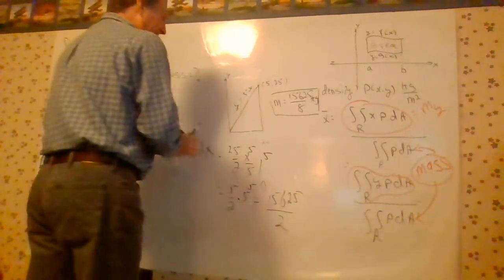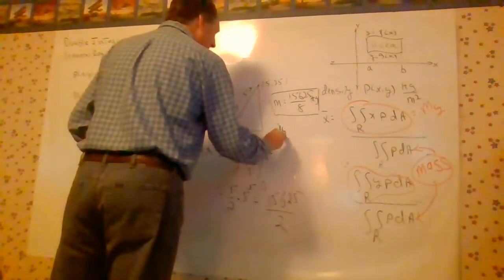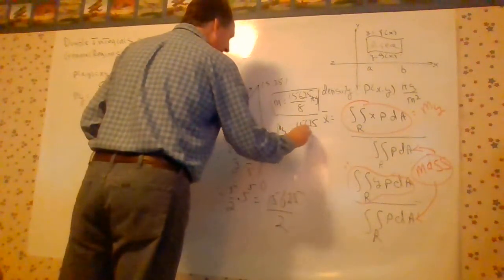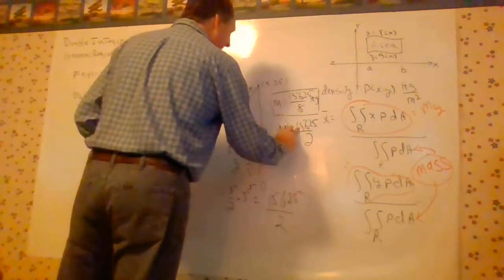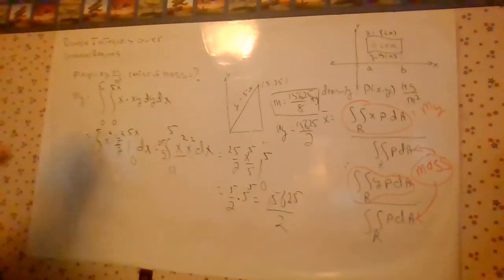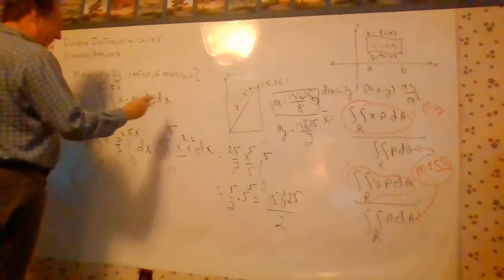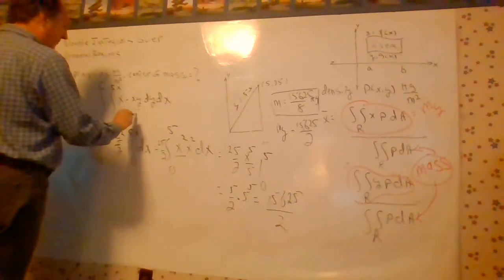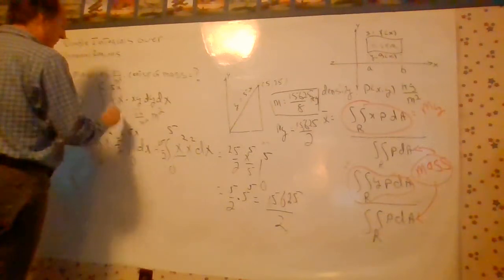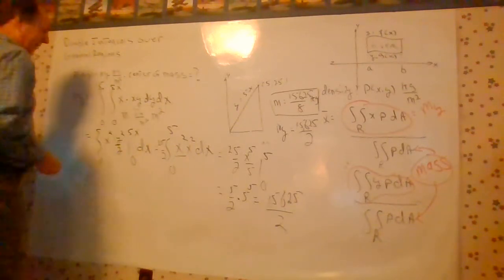Let me clear a little space here. M sub y is 15,625 over 2. Now, if you want units on this, keep in mind, this is kilograms per square meter, this is square meters, and this is meter right here for x.